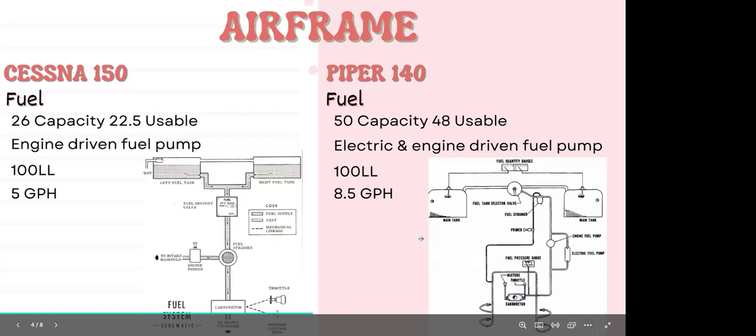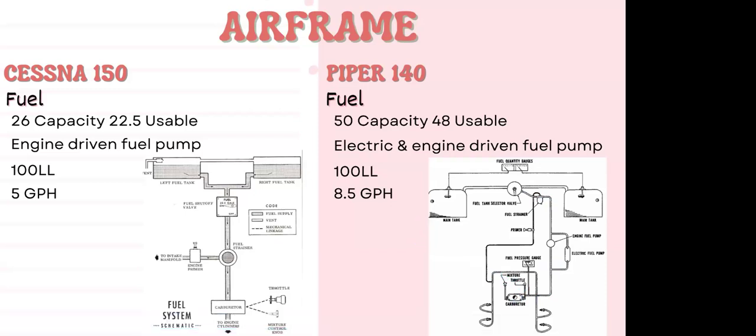So essentially, the only difference between the Piper and Cessna fuel system is, one, the capacity, and two, that additional electric fuel pump on the Piper. But other than that, they're pretty similar.